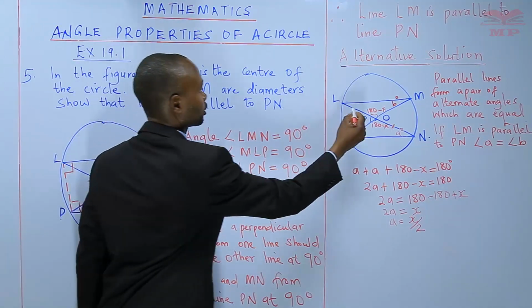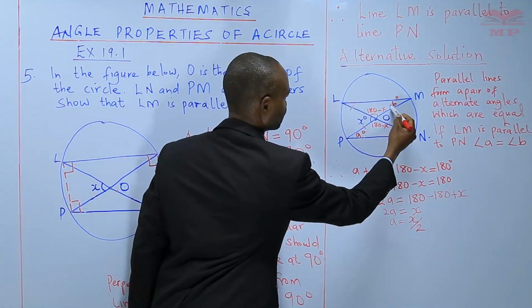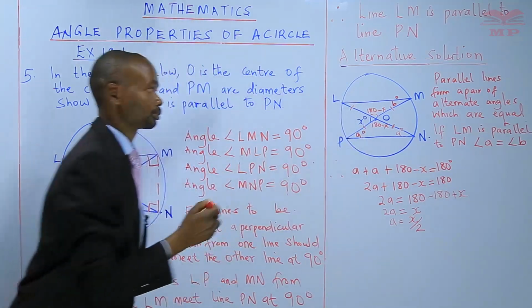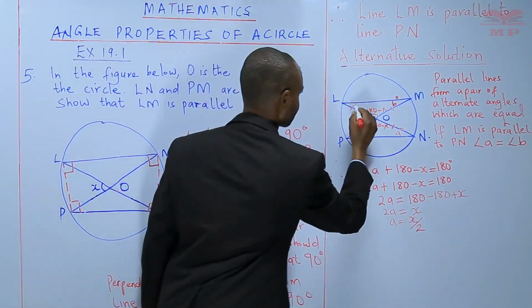And since this one is also isosceles, the value of angle MLO will be B degrees.